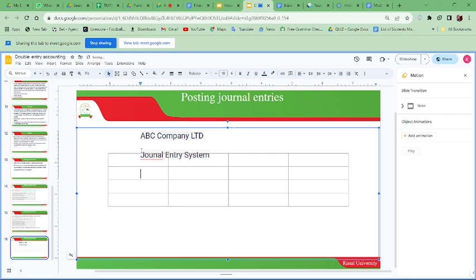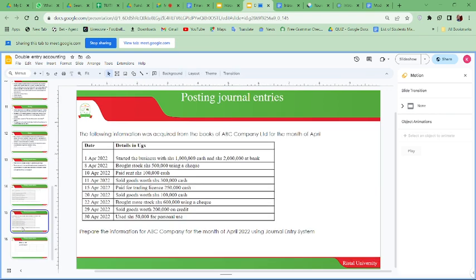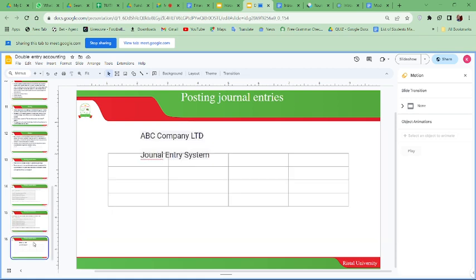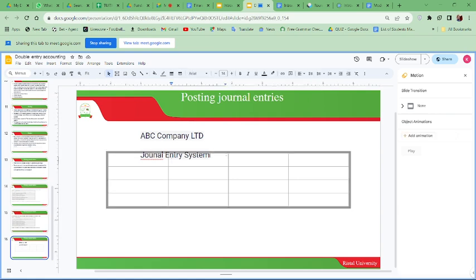And then we are preparing for which month? We are preparing for the month of April. In our question, they have given us the month of April. So always in the journal entry, you have to put the date. You have to follow the order. You start with the company's name, then you put what you're preparing and then the date. You cannot start with the date and then come with what you're preparing.